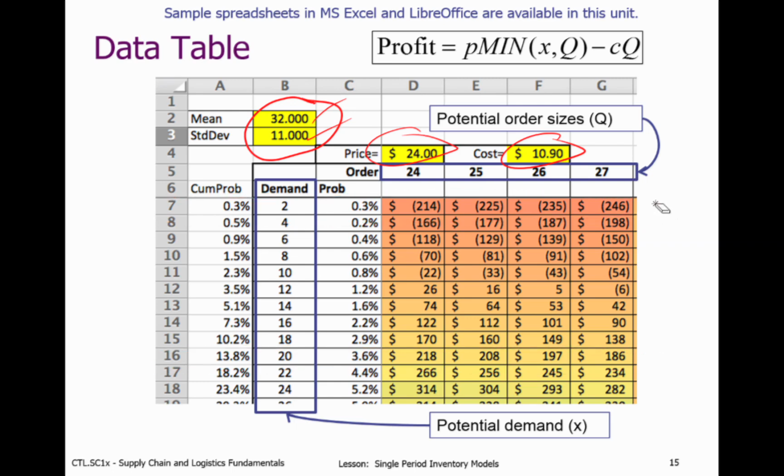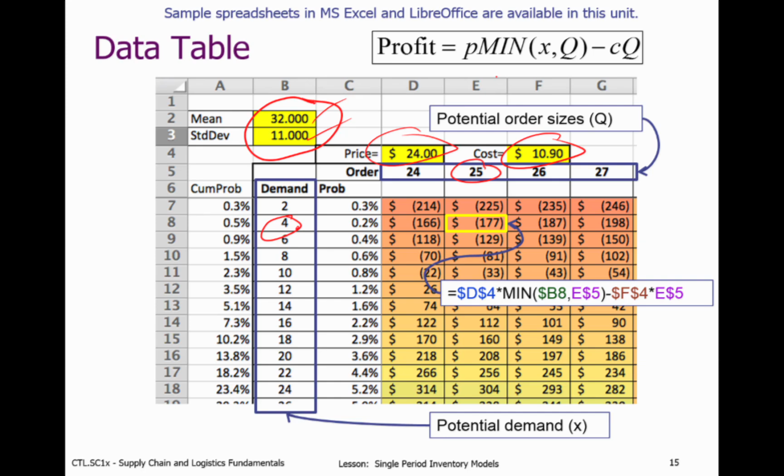So each cell is essentially an instance where a certain quantity was ordered, in this case 25,000 units, and a certain demand occurred, 4,000 units. This cell, E8, tells me what the profitability is if I ordered 25,000 of these jerseys, but only 4,000 units of demand showed up.